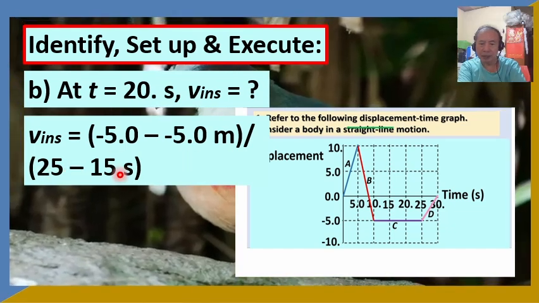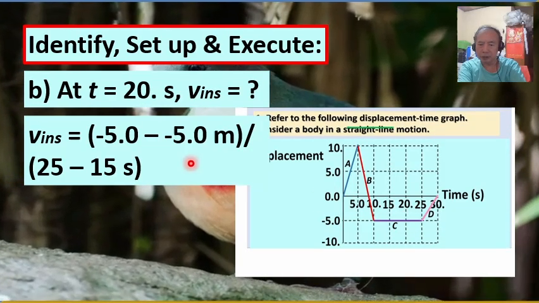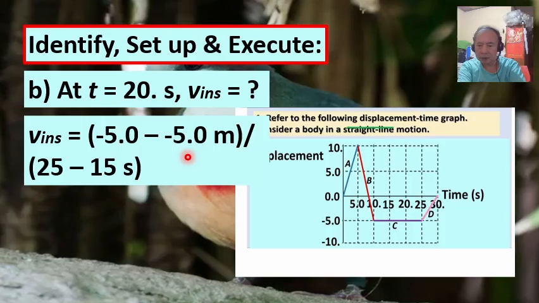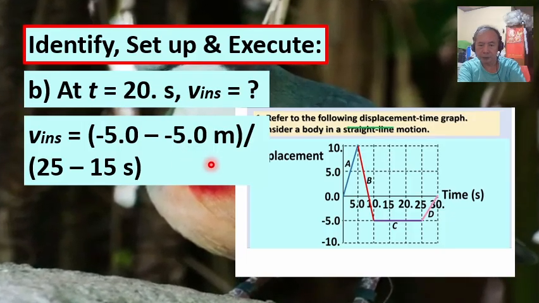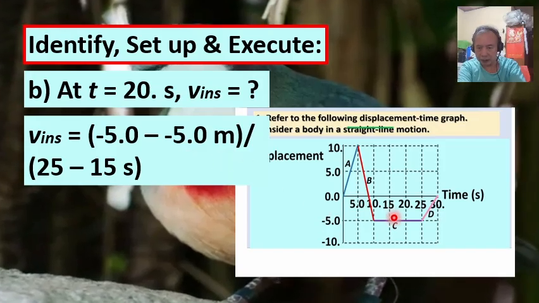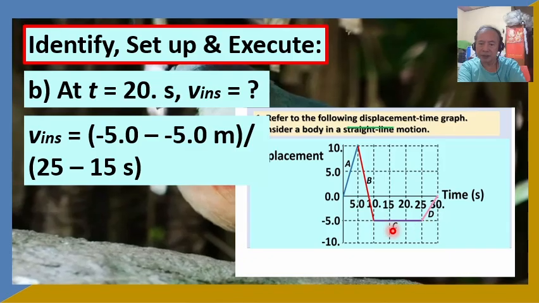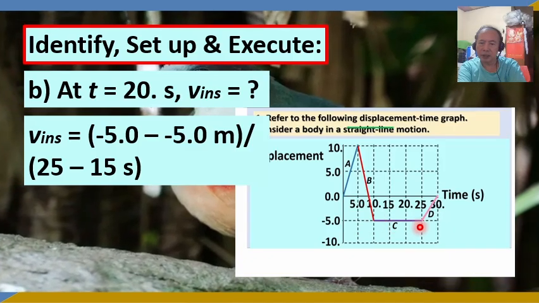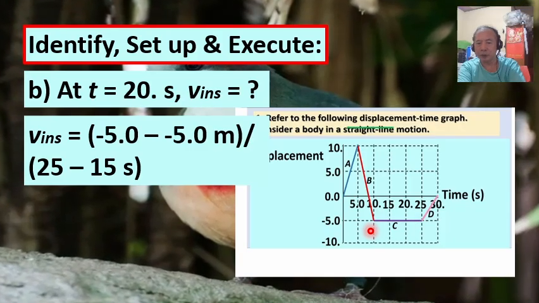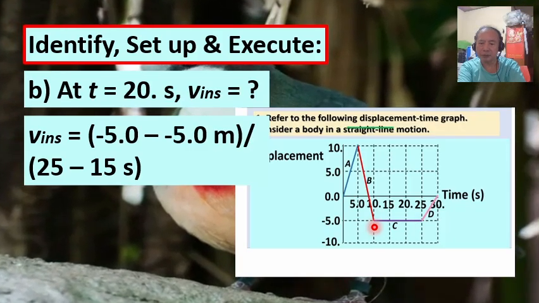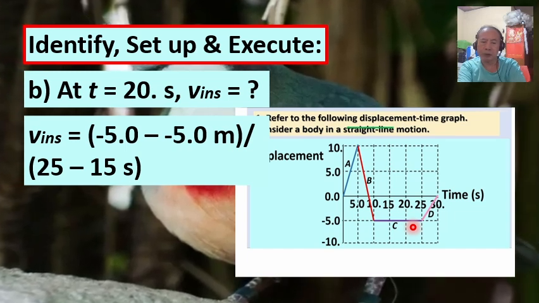And then 15 seconds is the time corresponding to the displacement, negative 5.0 meter as well. So graph line C, notice, has constant value for the displacement, whether we're talking about the initial displacement or the final displacement. It's the same, negative 5.0 meter.